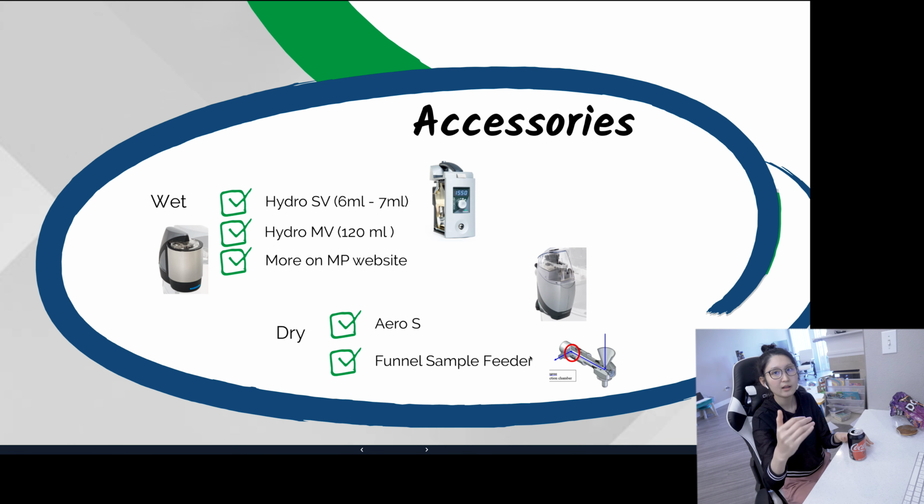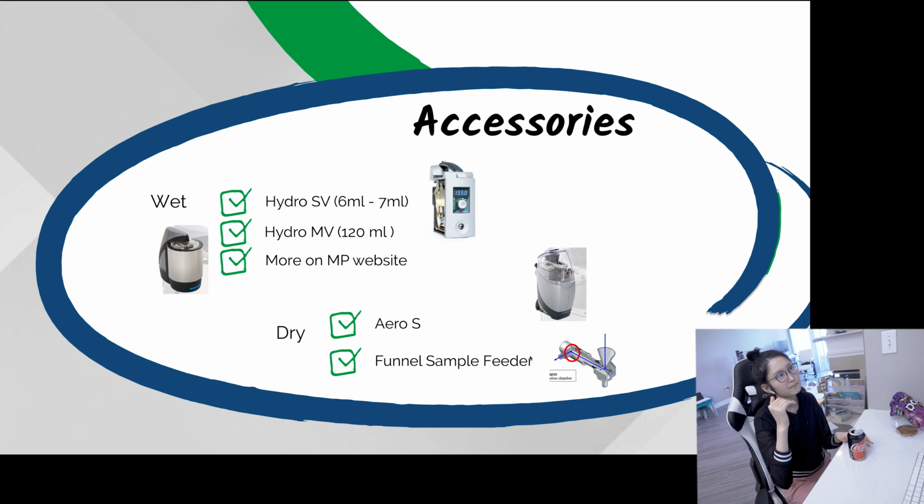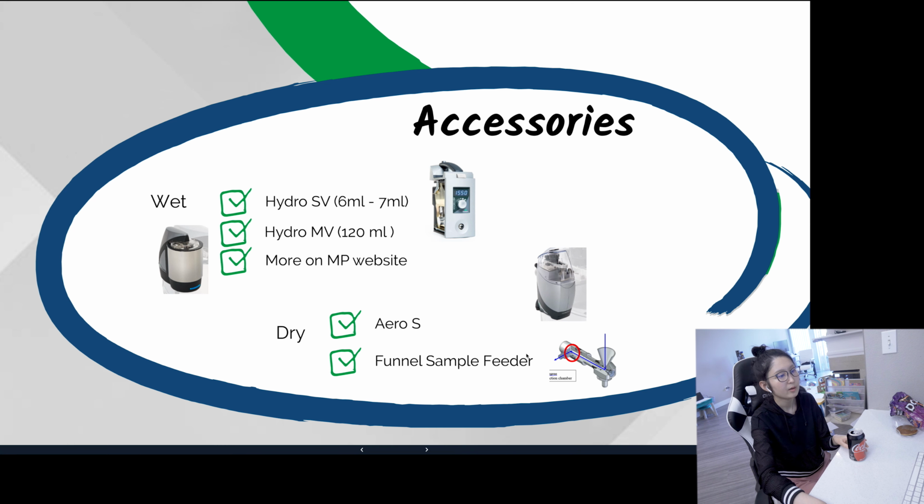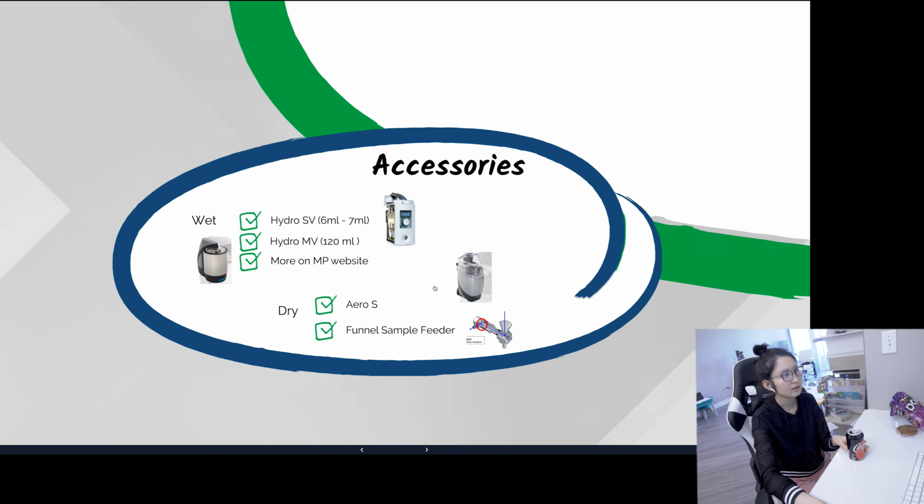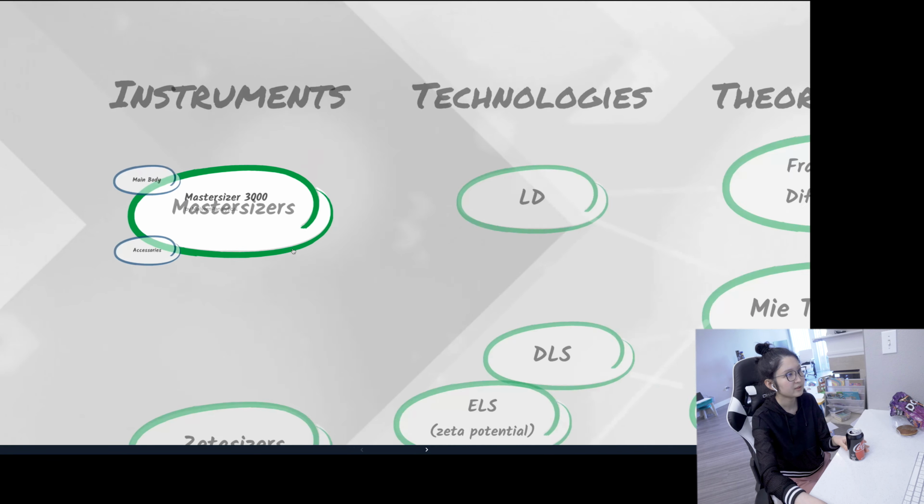So we have a high energy one that offers a higher energy in breaking the samples into separated particles because some powders can stick together. And we have another feeder that doesn't necessarily break the particles with such a high energy. So that's the accessories of the Mastersizer.